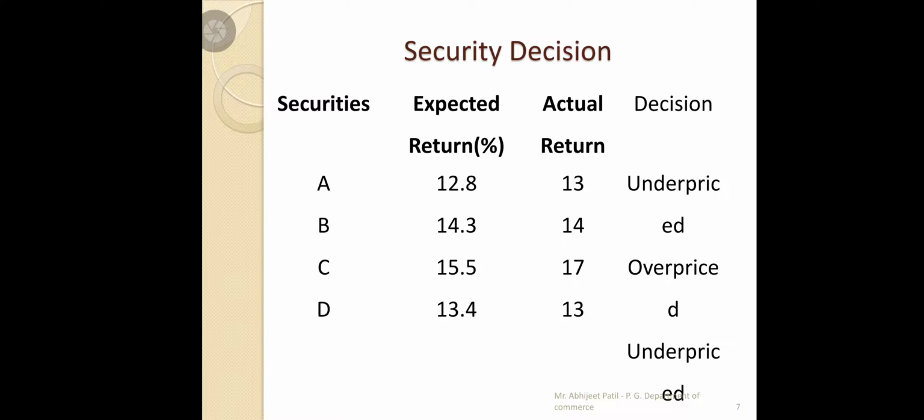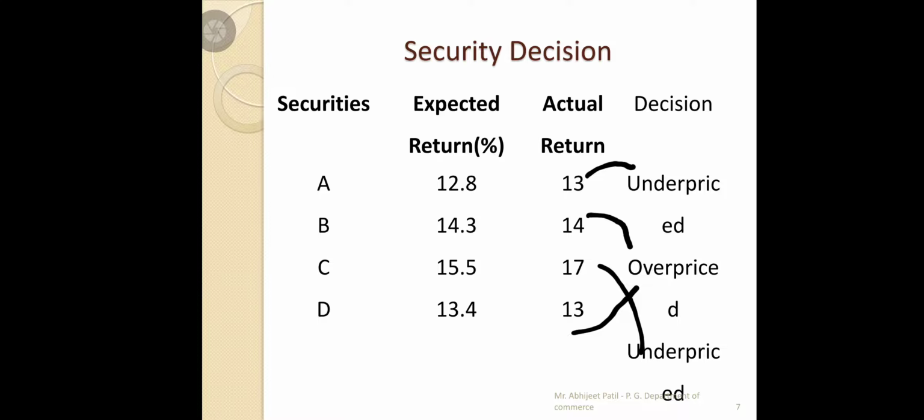Then comes security D, that is 13.4, actual return is 13, so again it is the case of overpriced only, because expected return is more than actual return.